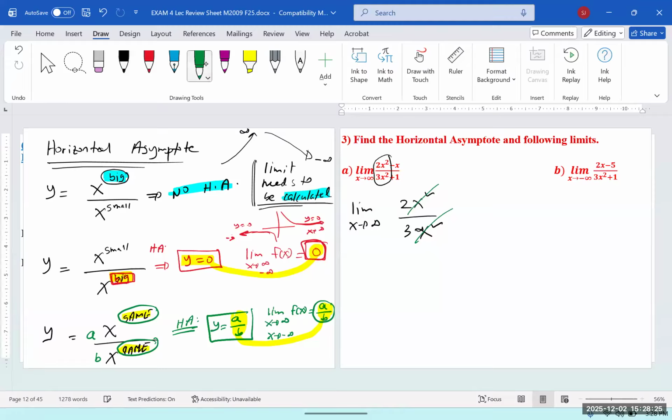We have the same x squared and x squared, they cancel out. So our limit is 2 over 3, and this is also your horizontal asymptote. Horizontal asymptote is y equals 2 over 3. Your asymptote and your limit are the same number.